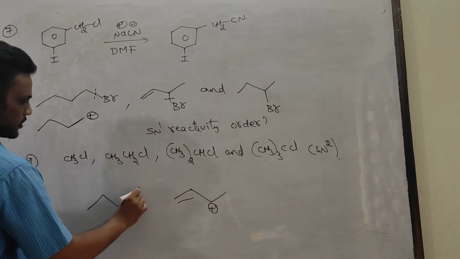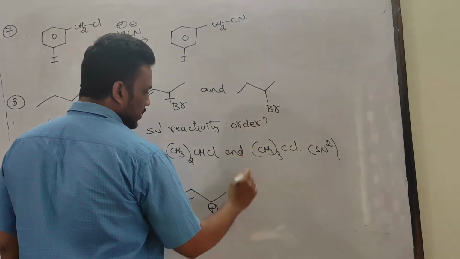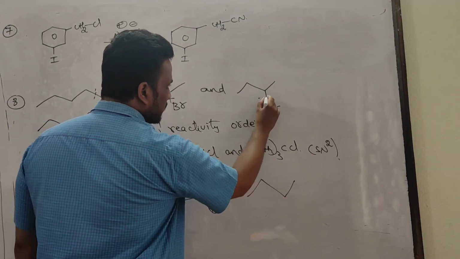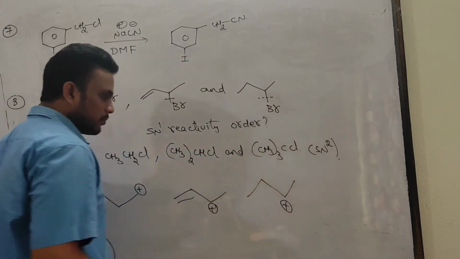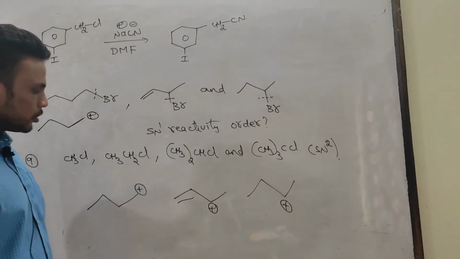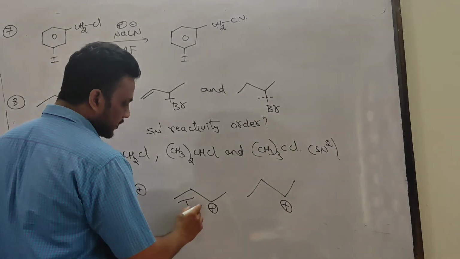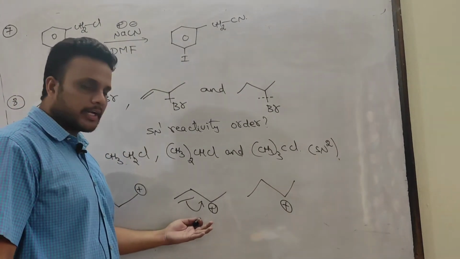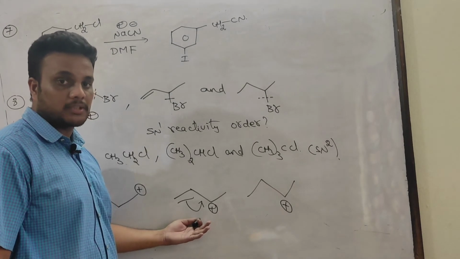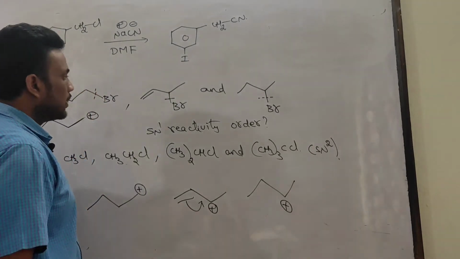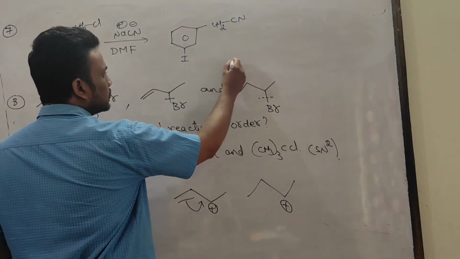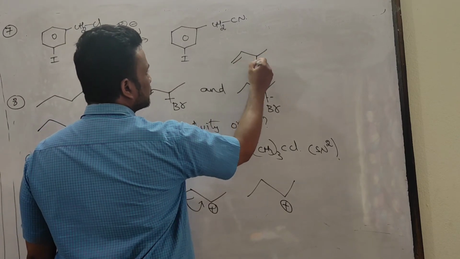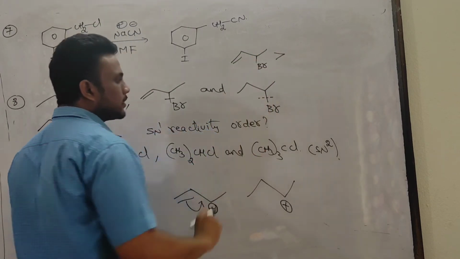This one gives this carbocation, and this one gives this carbocation. Now which is most stable? This is most stable because the resonance is there. This is allyl carbocation, which is resonance stabilized. So it should be the most stable, and the most reactive one is this one.